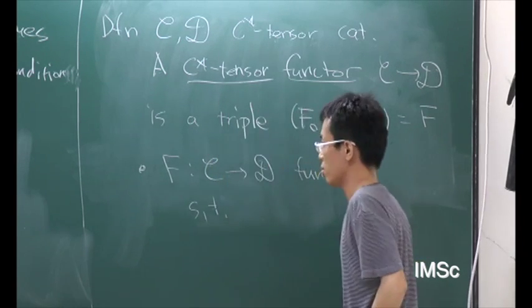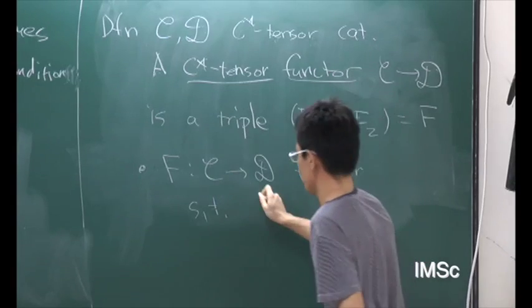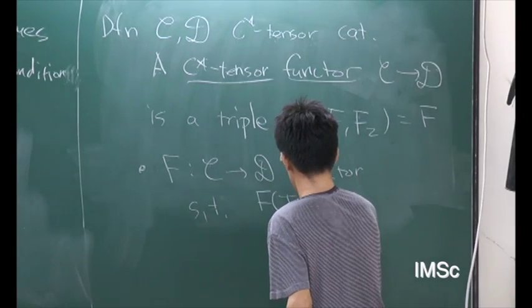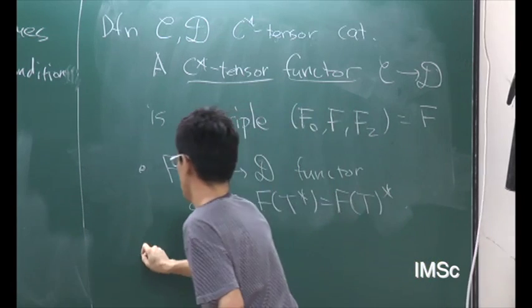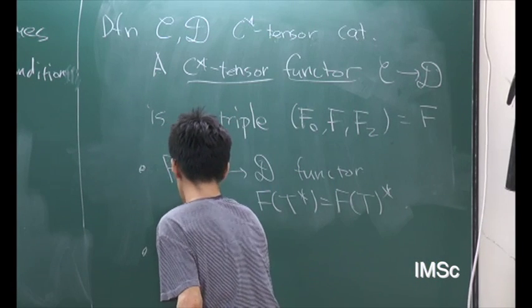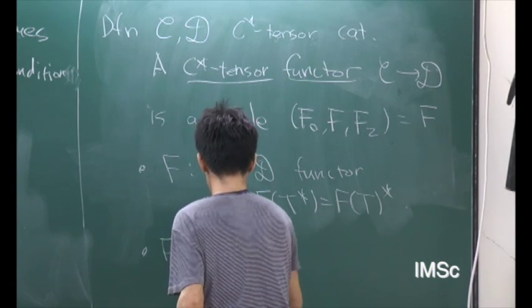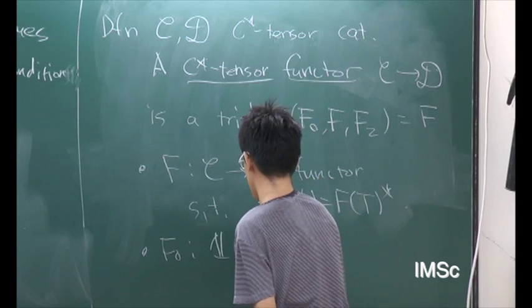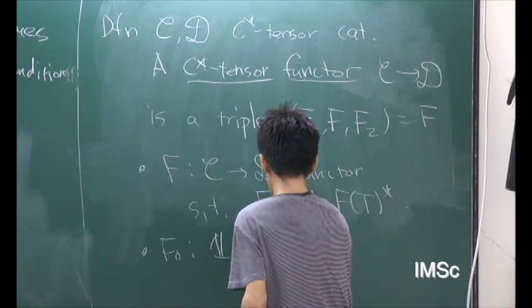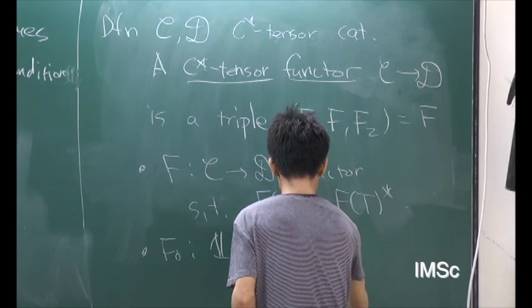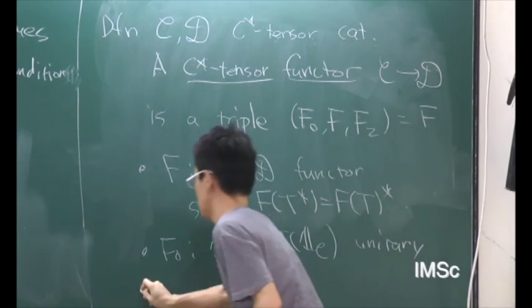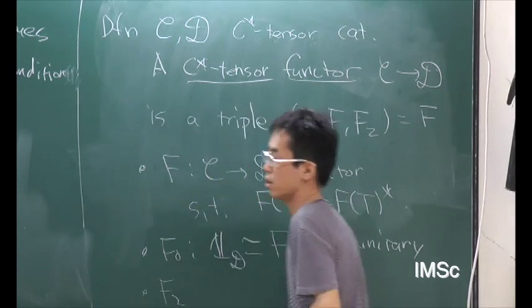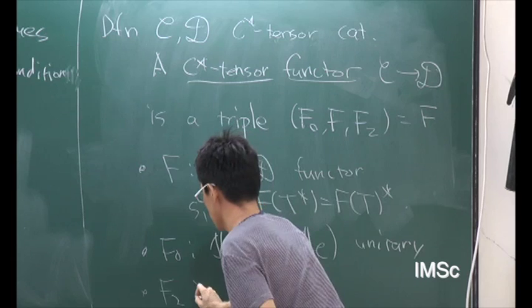But because they have involution, you want to respect that. And F0 compares 1 in the target D and the image of 1 in C. And F2 compares the tensor product in these two categories.